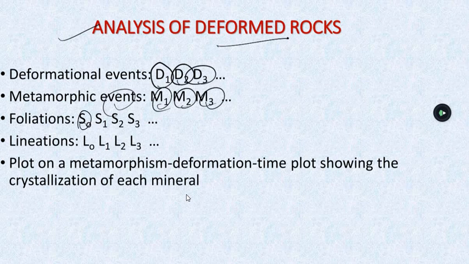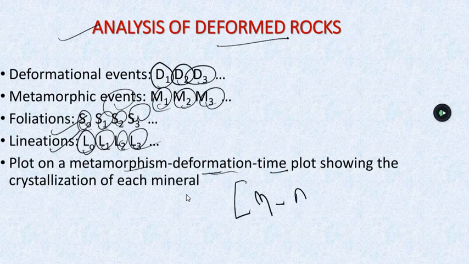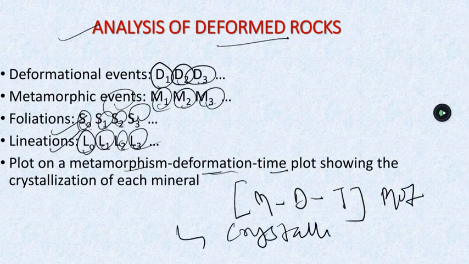S0, S1, S2, S3 is for foliation, and lineation is like L0, L1, L2 and L3. A plot of metamorphism, deformation and time is called an MDT plot, where M is for metamorphism and D for deformation, showing how crystallization is happening.